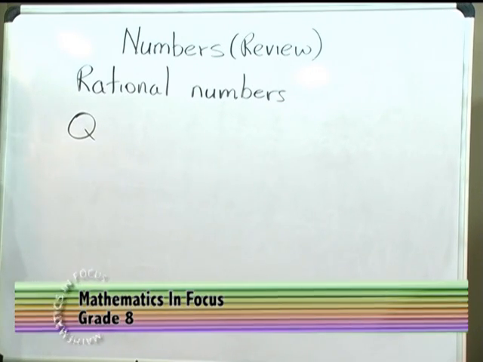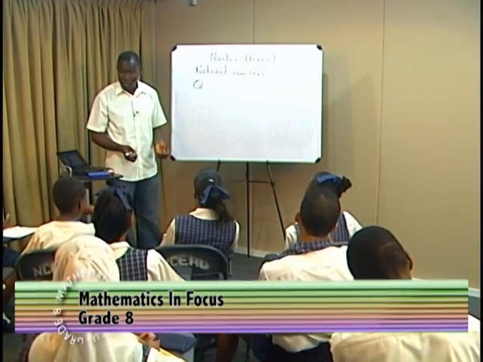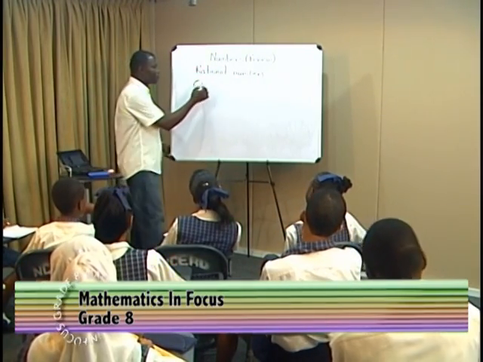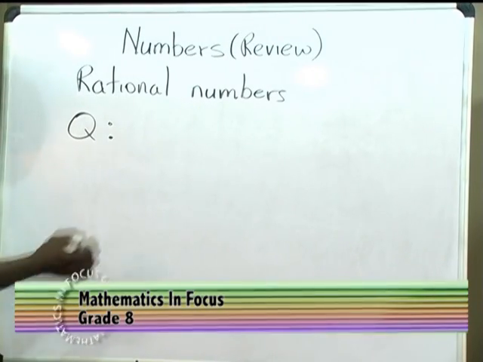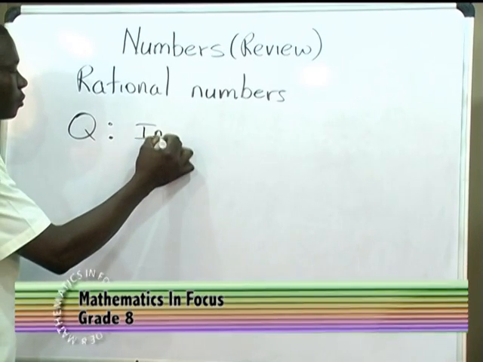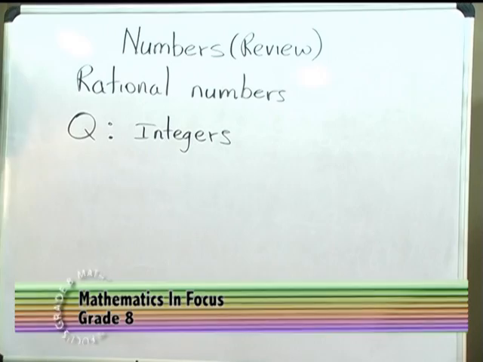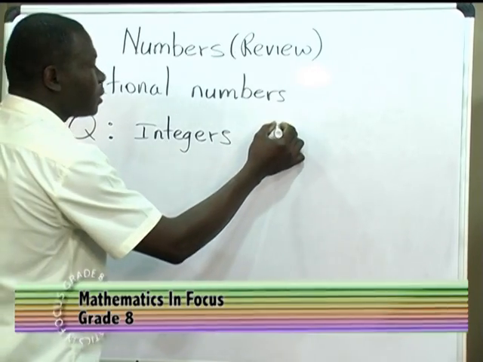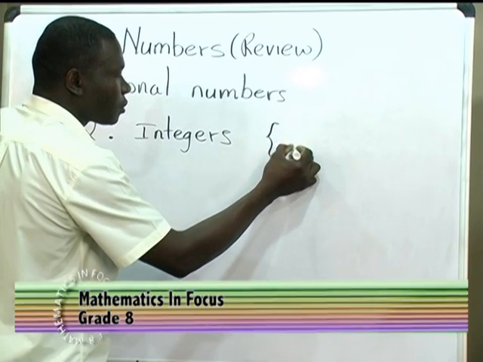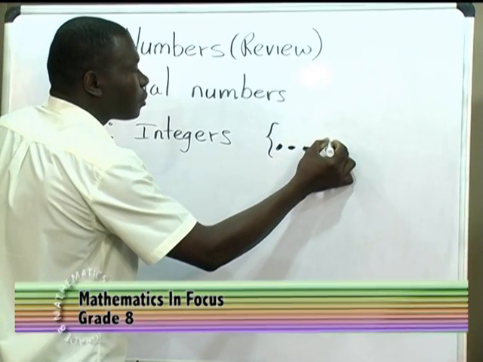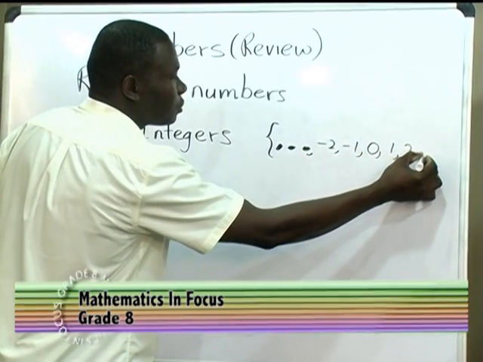And rational numbers is made up of all integers. So we can list the subsets of rational numbers as integers, and we list the set of integers as we did previously, starting with -2, -1, 0, 1, 2.